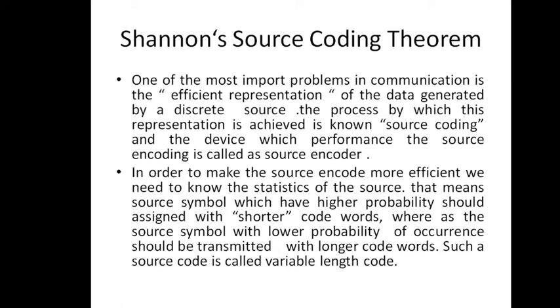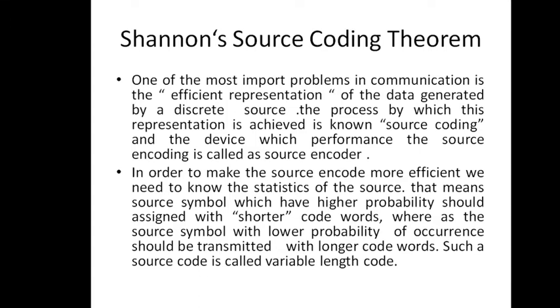In order to make a source encoder more efficient, we need some statistics of the source, that is, some mathematical information, which can be defined in terms of the average code word length and the coding efficiency.